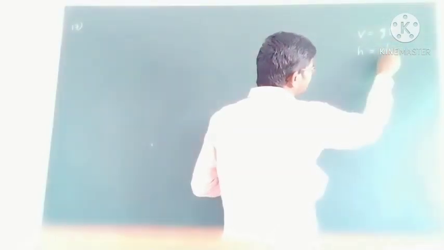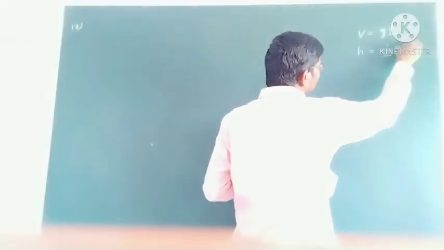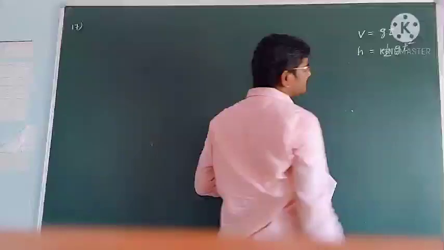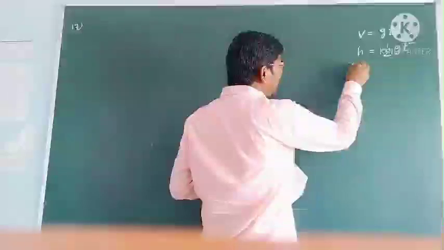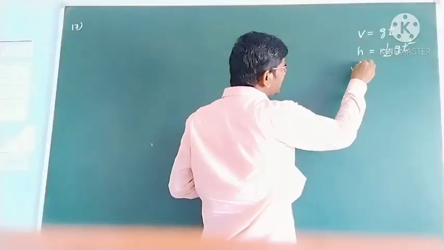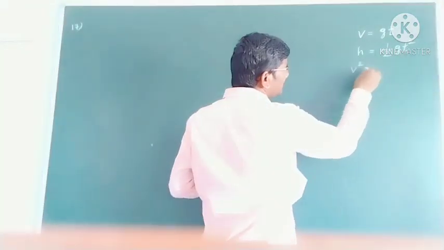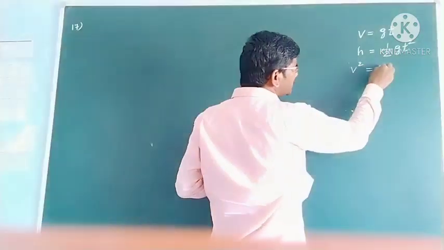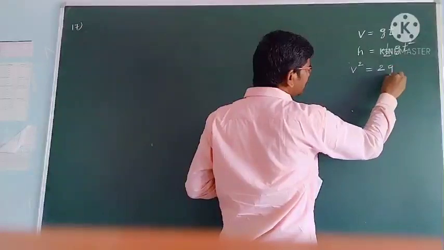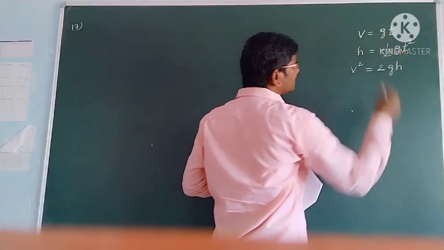The ut term is 0, so half gt square, and for velocity, v square minus u square, with u square 0, is 2as, where a means g, s means h.